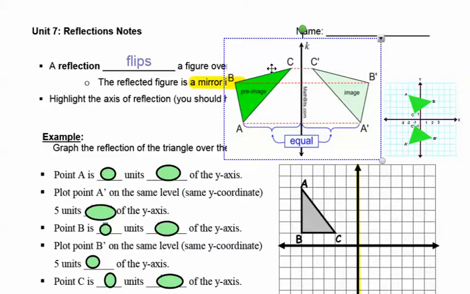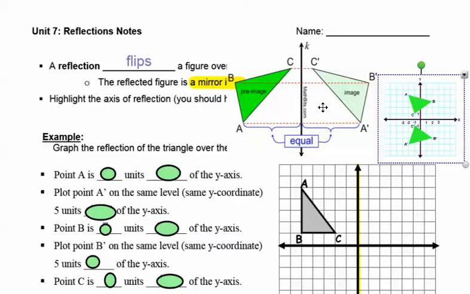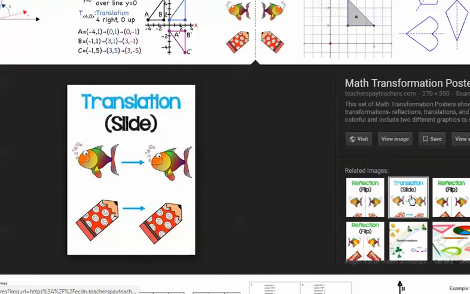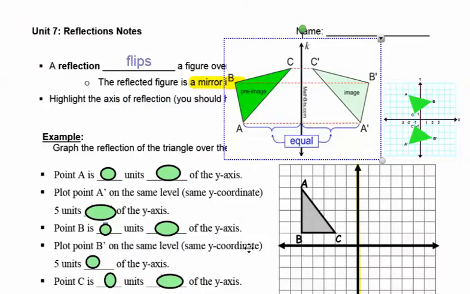Instead, we're flipping. And then B is furthest away, and then there's A. So that's over the y-axis. If you look, sliding stays exactly the same. We're not going to have that with our reflection. So that's across Y.